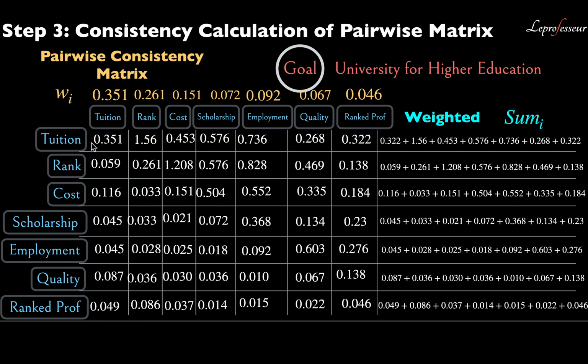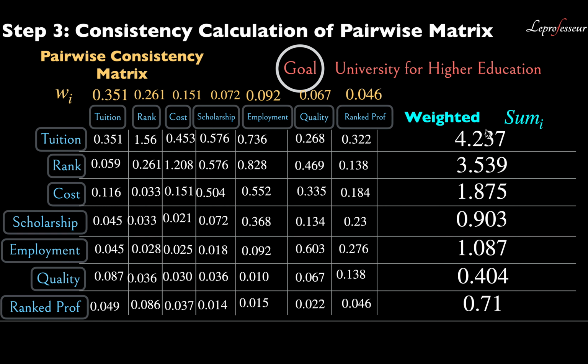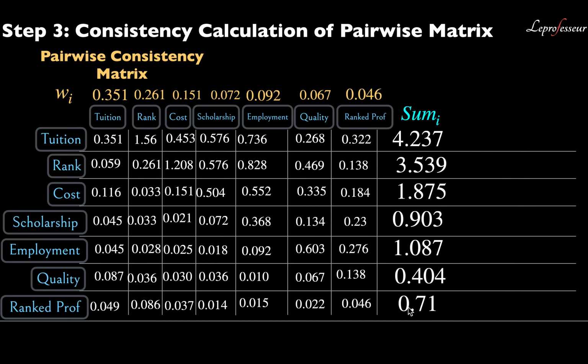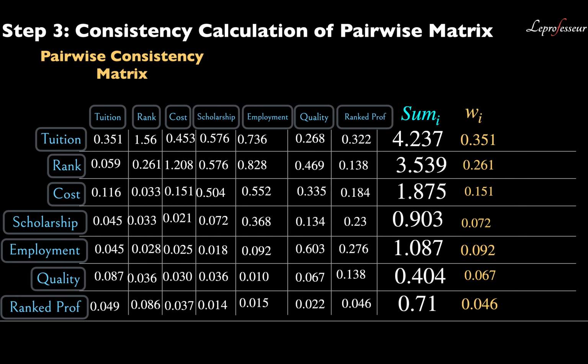We add together each row, so we will get this sum. This is a weighted sum for each attribute. So we get the weighted sum of each attribute. Good. Now let's put the normalized weight along with the weighted sum of each attribute.